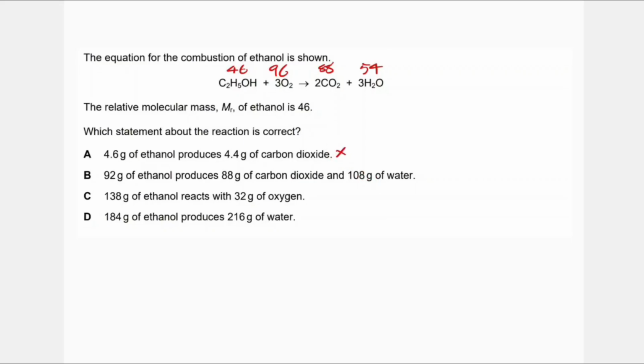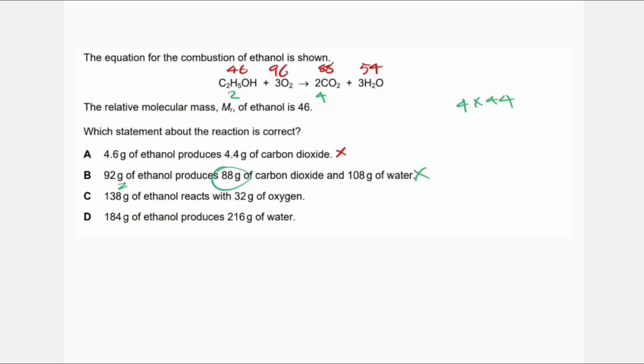Now, 92 grams is 2 times 46, so that is 2 moles of ethanol. If you have 2 moles of ethanol, you should get 4 moles of CO2. And 4 moles of CO2 is 4 times 44, which is not 88.